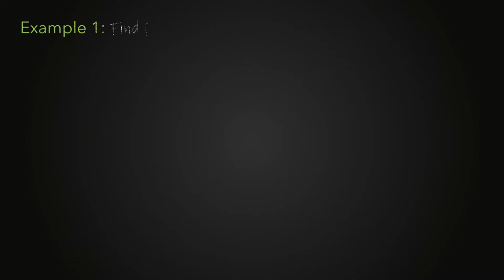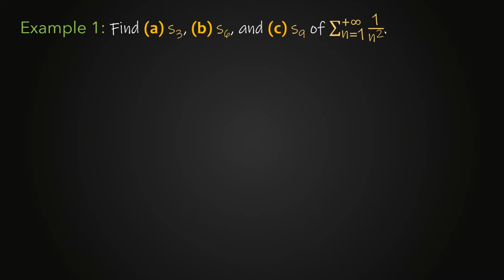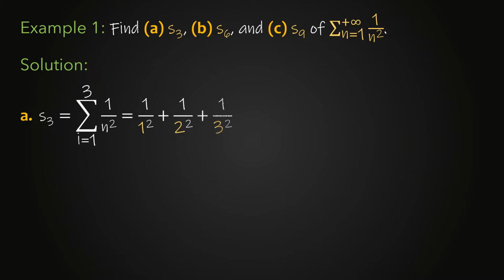Example 1. Find the third partial sum, the sixth partial sum, and the ninth partial sum of the series. Solution. A. The third partial sum is the sum of the first three terms of the series. Therefore, the third partial sum is equal to 49 over 36.